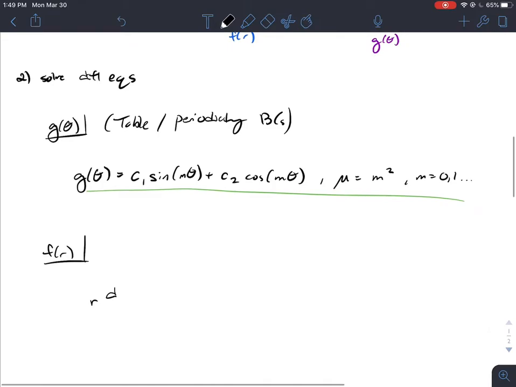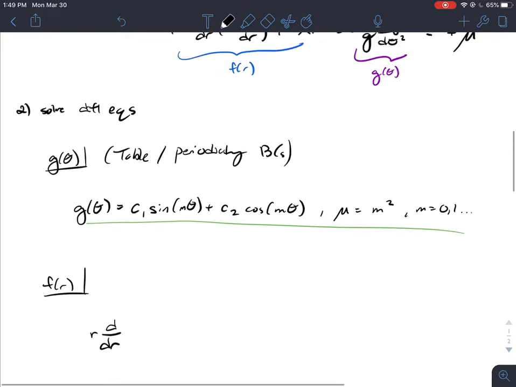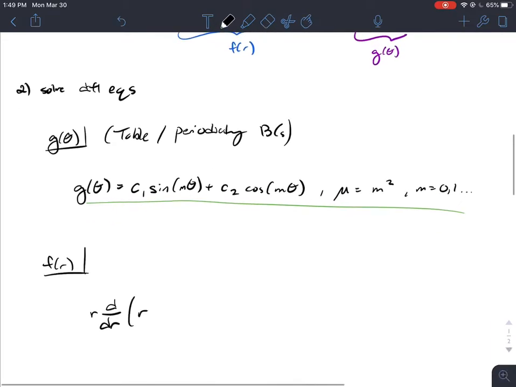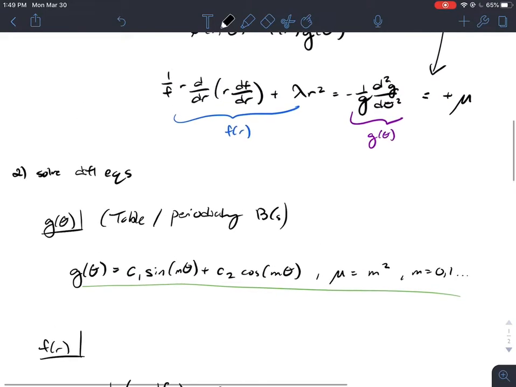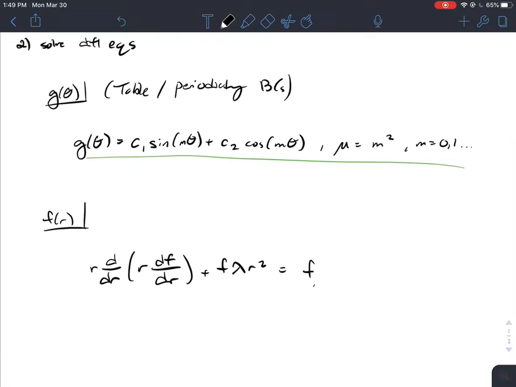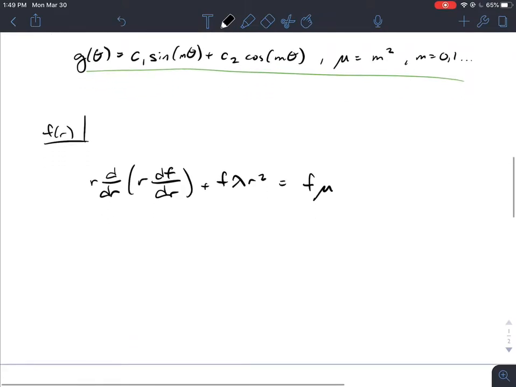So let's first multiply everything by f of r, so that we get r d/dr of r df/dr plus lambda r squared f is equal to f mu. So now I can pull the f mu term onto the left hand side such that we get lambda r squared minus mu is equal to 0.